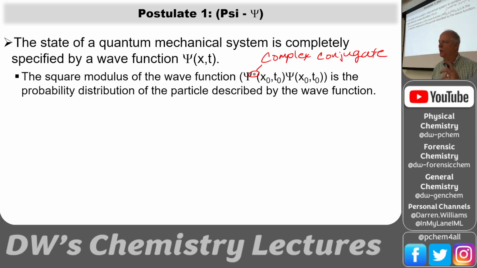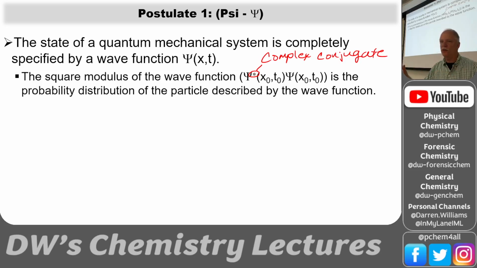It talks about the complex conjugate and how you just change the sign of i everywhere it occurs in the wave function. So the square modulus of the wave function, we could just say the square of the wave function, is the probability distribution of the particle described by that wave function. Think of the two words, probability and distribution. What is distribution? It's how you distribute things.